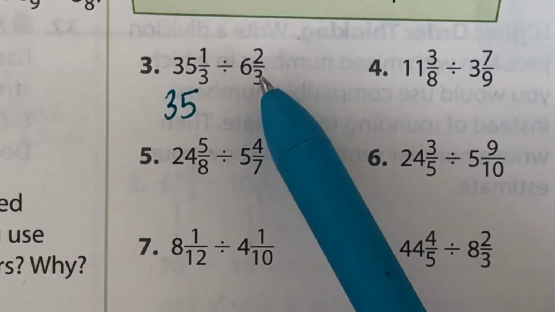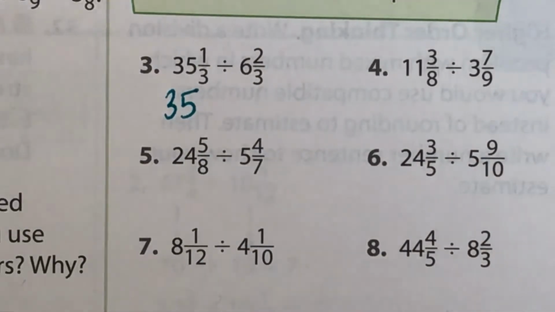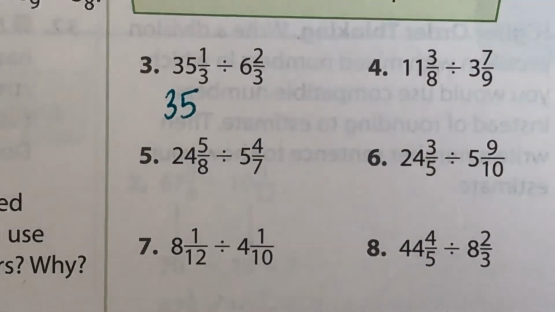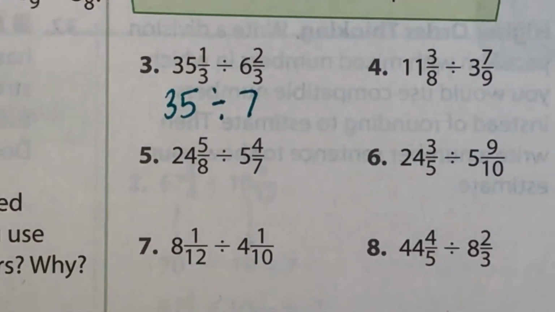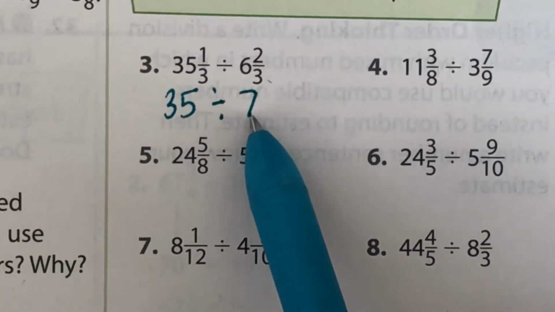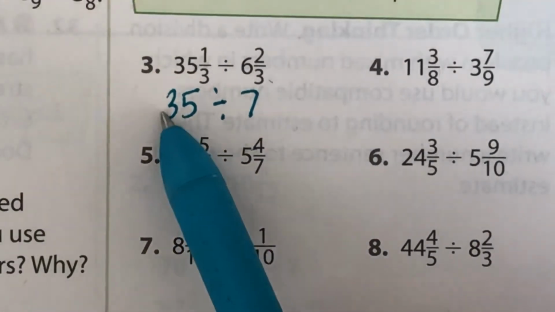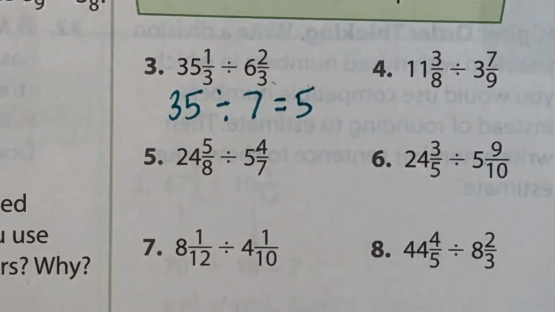Now, I need to think about what number is easily divisible or goes into 35. So 6 2/3, I can actually round up to 7. The big thing is, guys, you just want to have a nice, easy division problem. If you made this a 6, 35 divided by 6 is not a nice, easy division problem. So make it nice for you so you can easily do it. So 35 divided by 7, our answer is about 5.